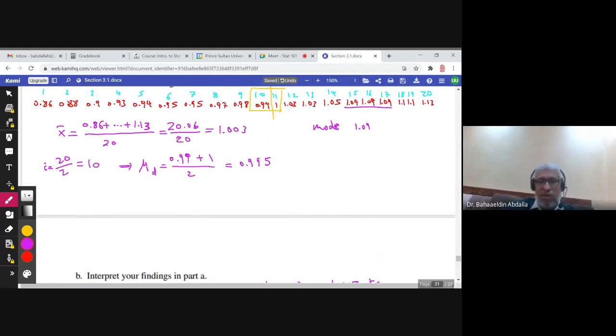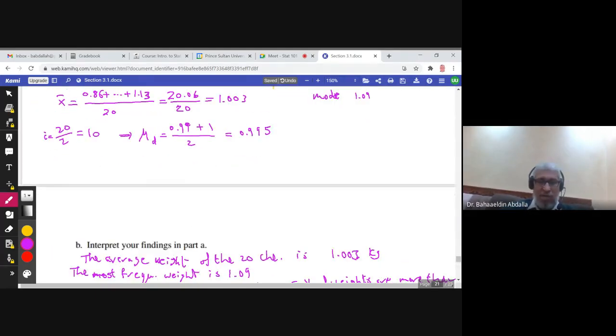Let me notice here to remind ourselves that X bar is greater than the median. And we studied that if X bar is greater than the median, this means that the distribution is slightly, because not really much difference between them, slightly skewed to the right, because the mean always goes to the skewness.